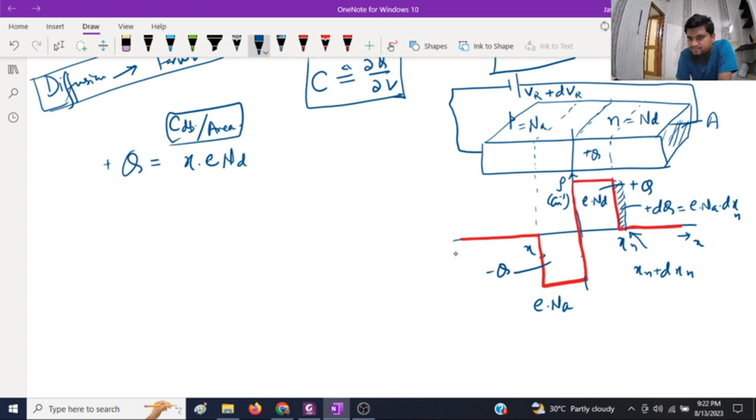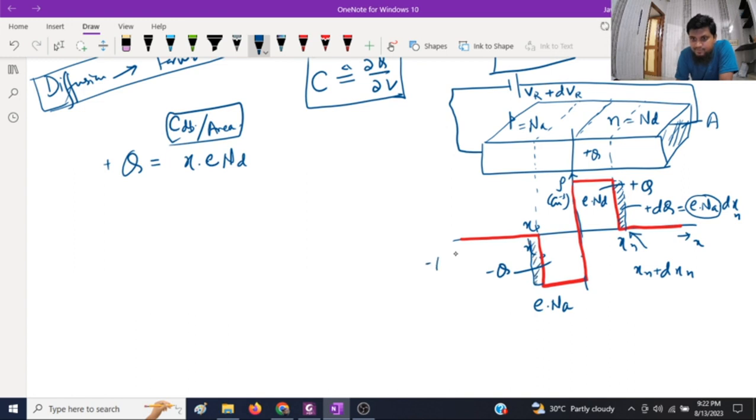Because this is constant. I'm again telling you that if you are deriving this expression for a linearly graded junction, you must take care of it. So this E Na will not be constant, but this charge density rho will be a function of x, in case of a linearly graded junction. Anyway, this was actually the simple case, and that's why I'm deriving it over here.